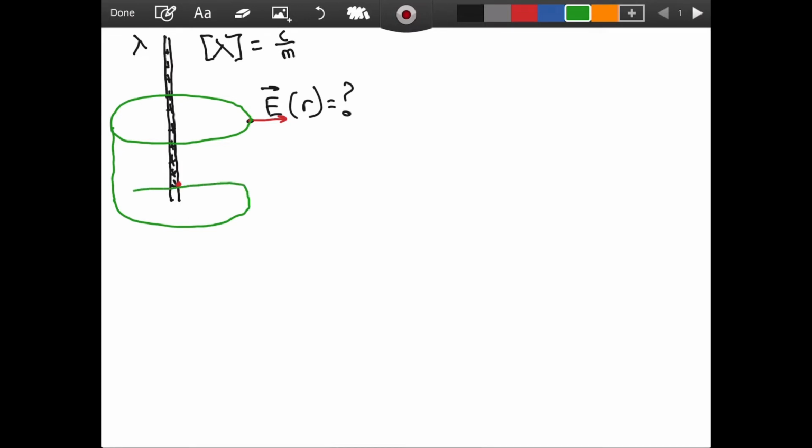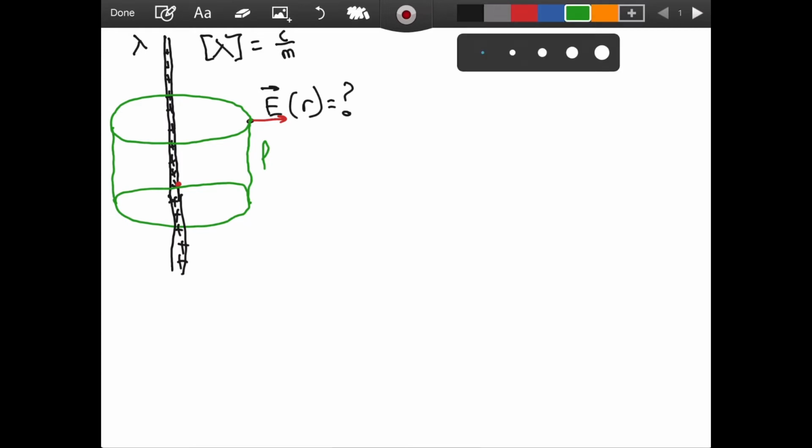It is a closed surface, as you can see. Now, let's say that our cylinder has length L, and of course our wire continues all the way like this, and its radius is R.